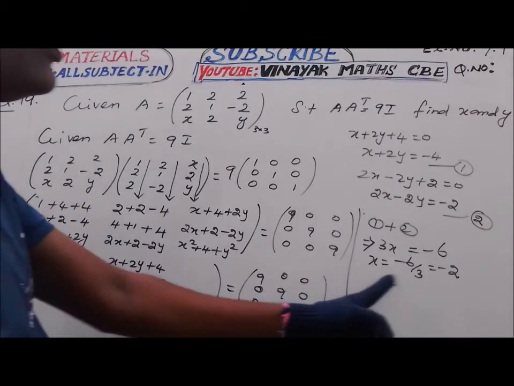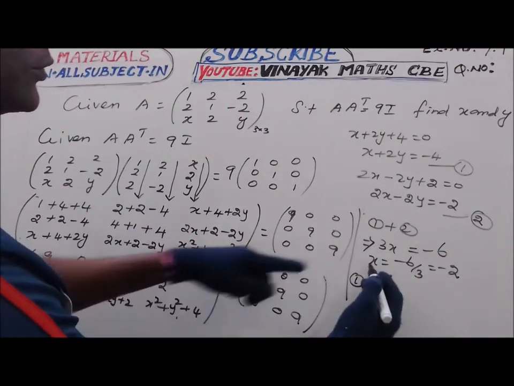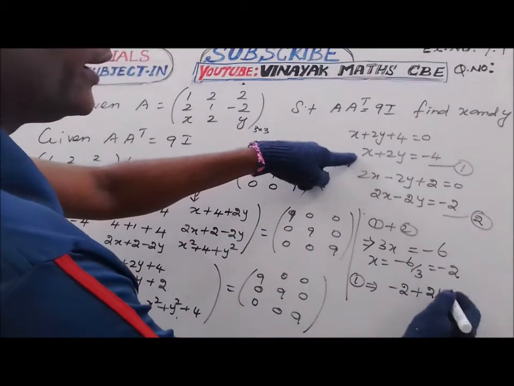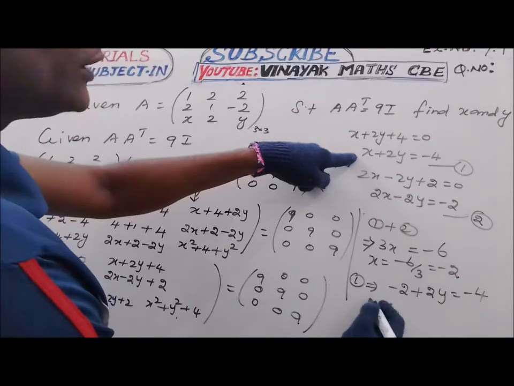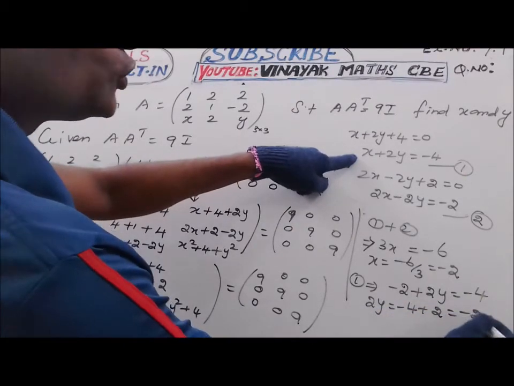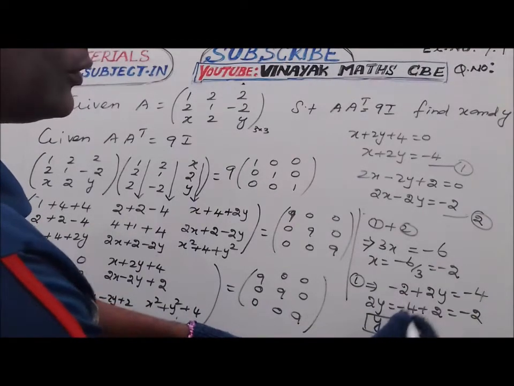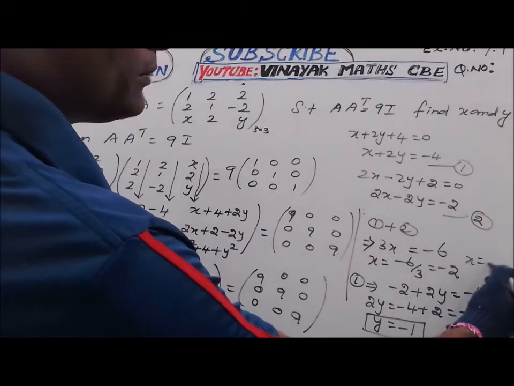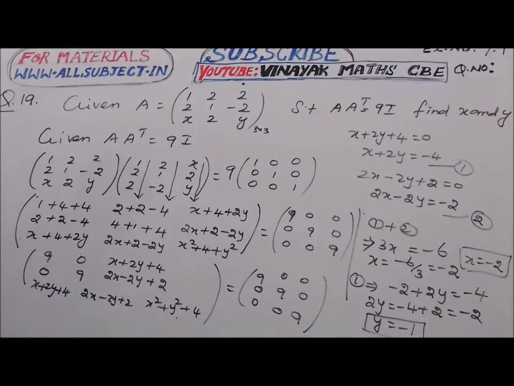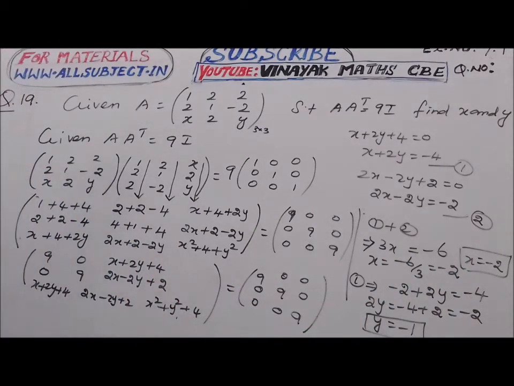Then substituting x equal to minus 2 in equation 1: minus 2 plus 2y equal to minus 4, and 2y equal to minus 4 plus 2, equal to minus 2, which implies y equal to minus 1. Therefore, the value of x is equal to minus 2 and the value of y is equal to minus 1.